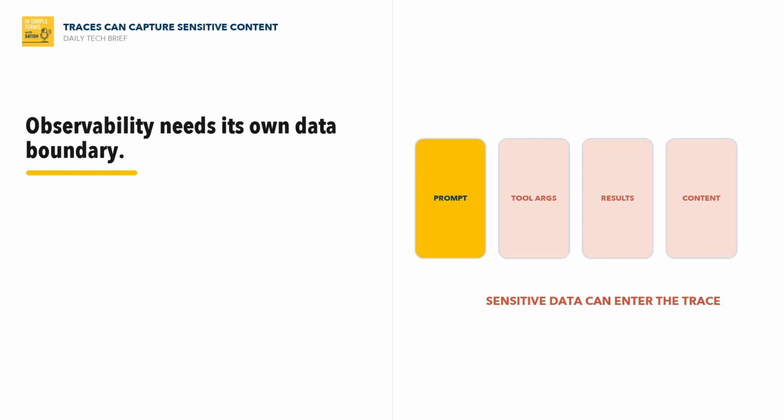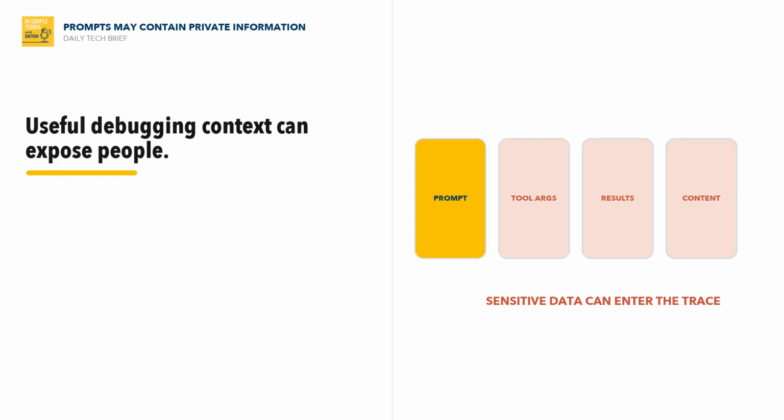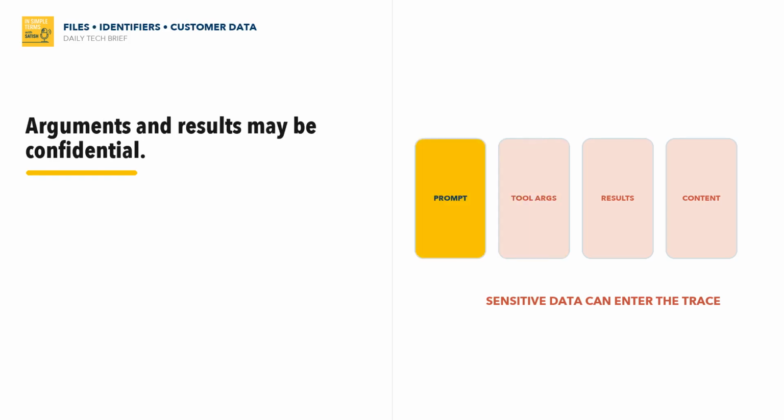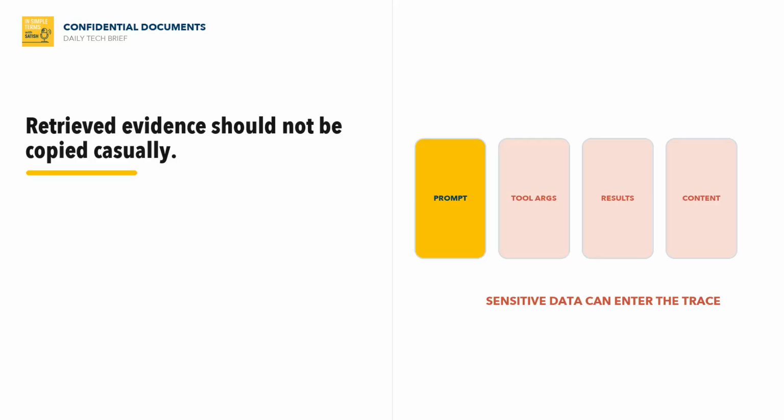The catch is privacy. AI telemetry can include sensitive content. Prompts can contain private information. Tool calls can include file names, identifiers, or customer data. Retrieval results can include confidential documents.